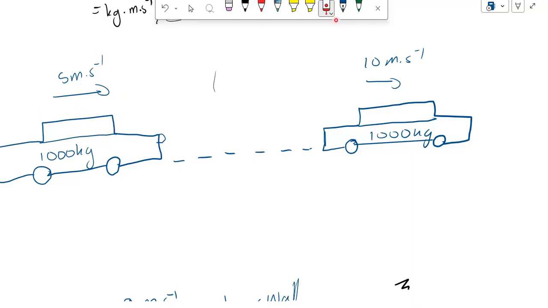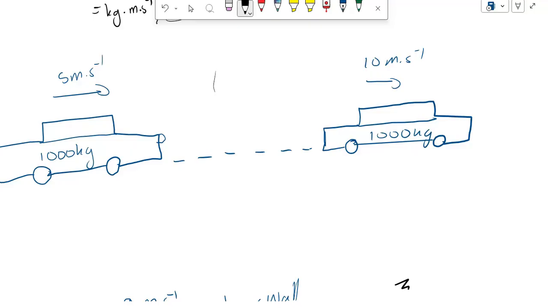It is moving at a speed of 5 meters per second. As the car is moving, the driver decides to hit the acceleration such that the car increases its velocity. So after a few meters, the car has moved forward and it has increased its velocity. Alright, so what is the change in momentum for this particular car?